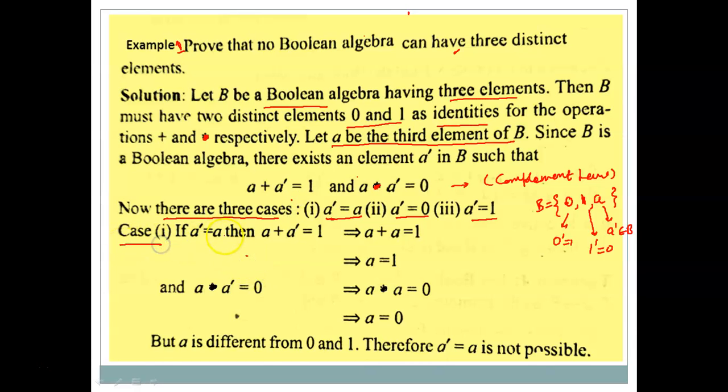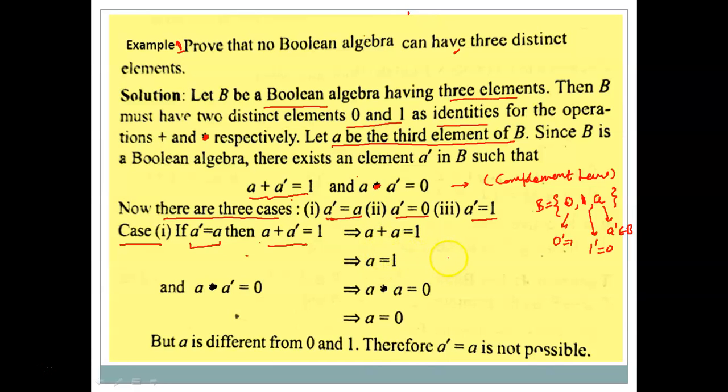and we will be considering each case separately. Suppose case 1, suppose A complement equals A, then what will happen? Then by the complement law we can write A plus A complement is 1. You can see this is true from the complement law. But according to our given condition in case 1, A complement is equal to A. That means you can put A here: A plus A is 1.